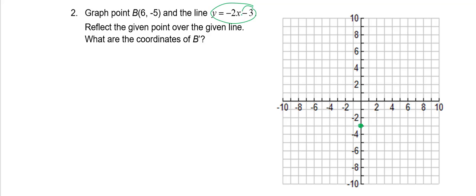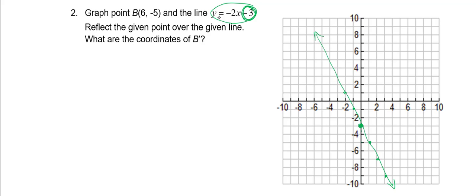And I know it has a slope of -2, so it's going to go down 2 over 1, down 2 over 1, down 2 over 1, and so on. I'm just going to go the other direction up here and graph this line. Hopefully you remembered how to graph lines from last year. You should be strong at that from your Algebra 1 background.